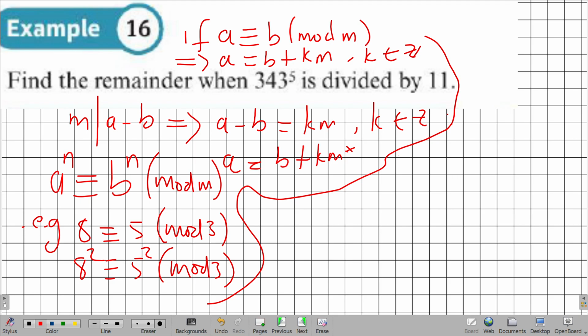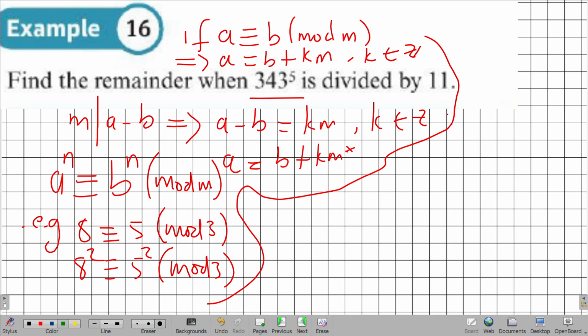So, what is the remainder if I divide 343 to the power 5 by 11? One thing we can tell is that 343 to the power 5 is quite a big number. In most cases, you may not see it on a normal calculator because it's too big. So what's the best way to do this?